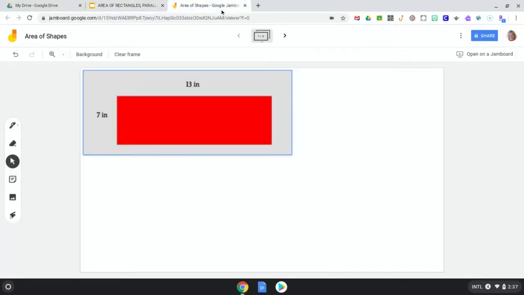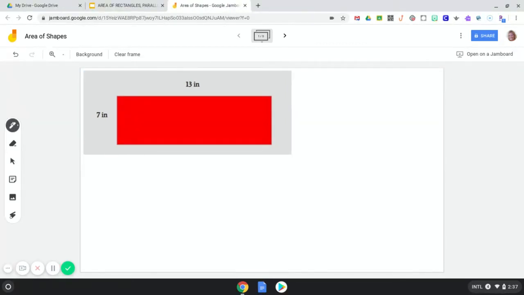So I'm going to jump over here to Jamboard. I'm just going to draw out what I would do if I was working out this problem. The formula for finding the area, sorry, I probably should have done that first.